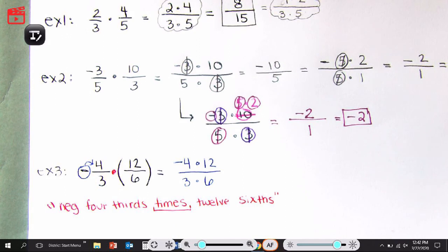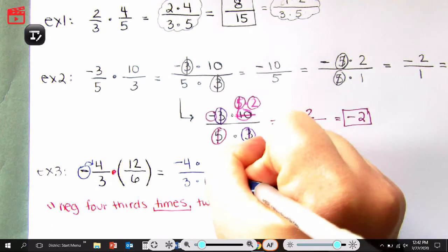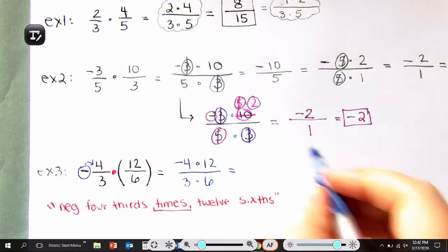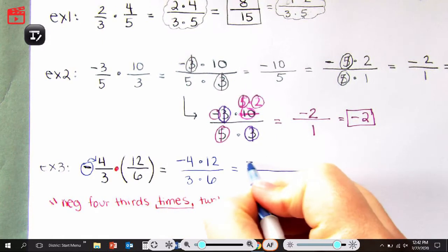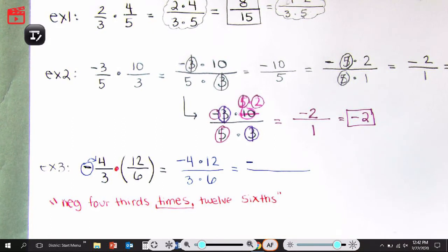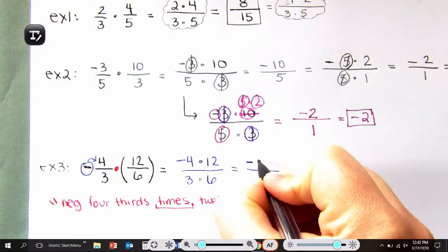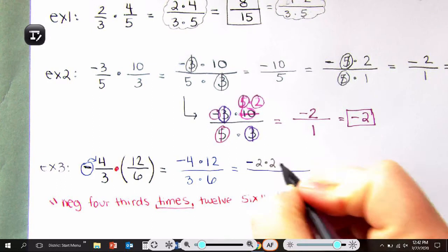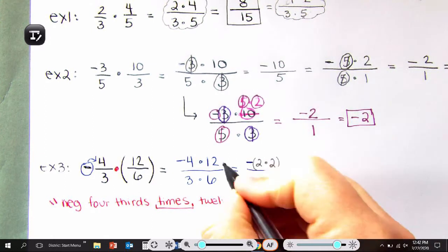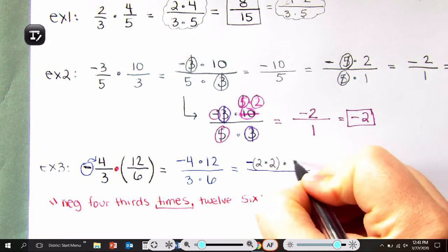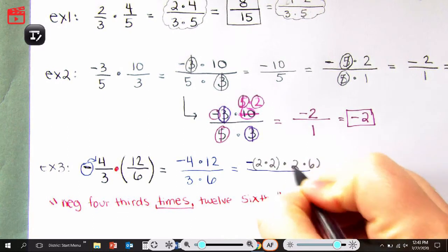Now again, big numbers. 4 and 12, I don't know what that is, and 3 and 6, I mean, I can figure it out using my hands, but I'm going to do what I did here, and I'm going to try to simplify first. For example, I have a negative, I'm going to keep my negative. That doesn't change. 4, I know the factors of 4 is 2 times 2. That is 4. And I'm going to put that in parentheses. This is my 4. Now, my factors of 12, I know it's going to be 2 times 6. 2 times 6 is 12.